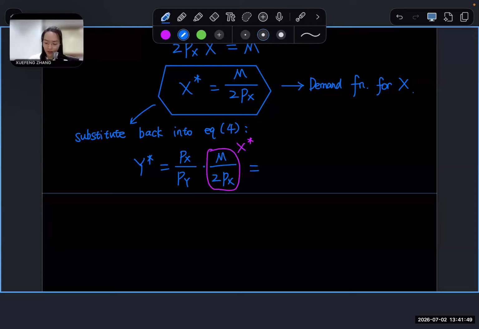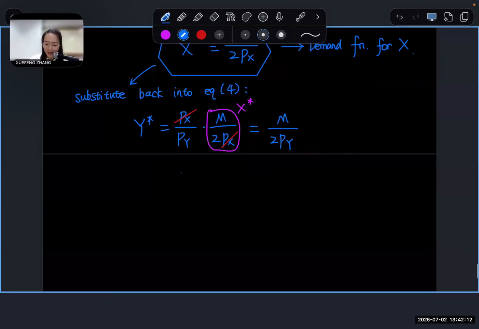So here we equal what? You can cancel out px, right? We can cancel out px. So we have m over 2py.